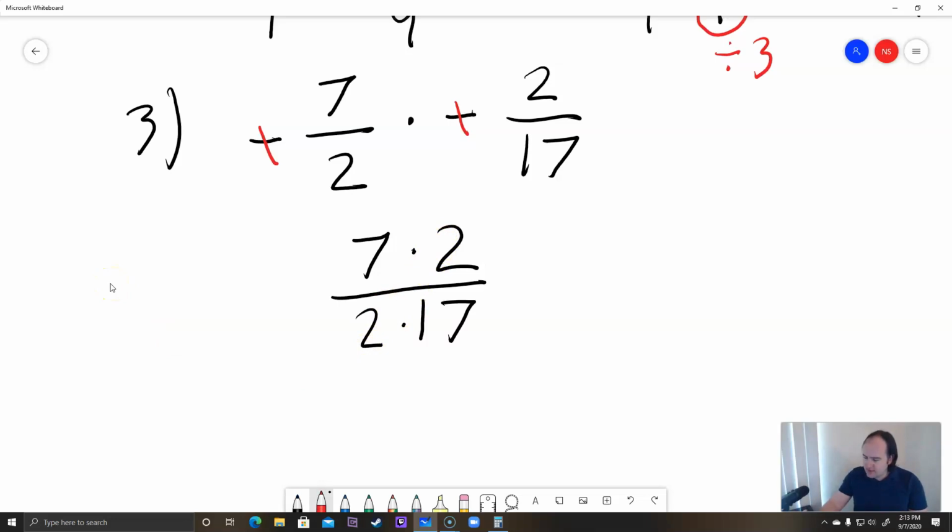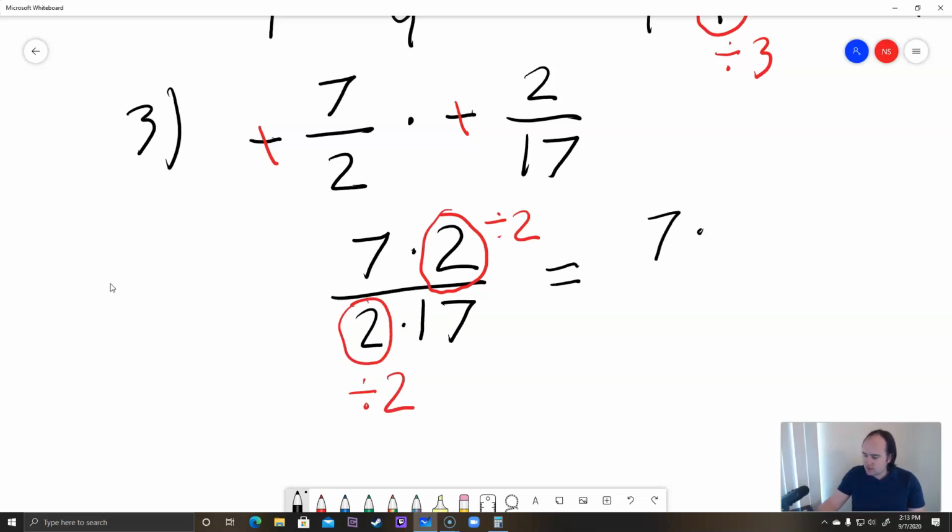So I'm going to divide the top and the bottom by 2. All right, so those are both going to become 1. So that's going to give us 7 times 1 on the top, and then 1 times 17 on the bottom. But any number times 1 is the number. So that means our answer is going to be 7 over 17.